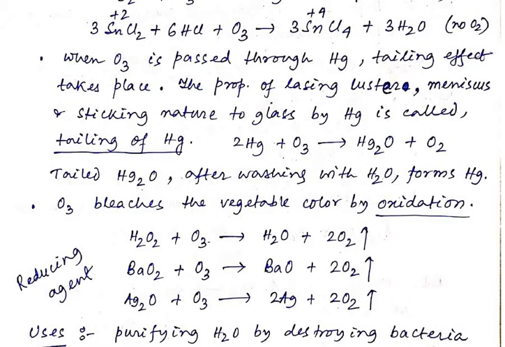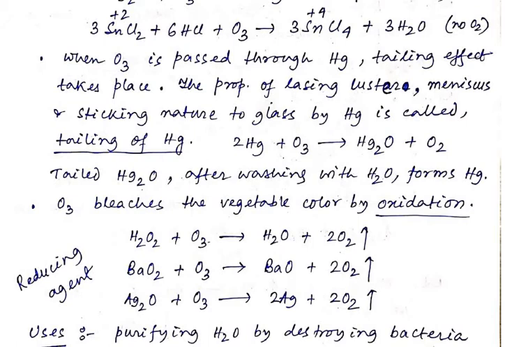So when we pass ozone through mercury, the tailing effect takes place. Actually, in this reaction, when mercury reacts with ozone, it will give Hg2O plus oxygen.